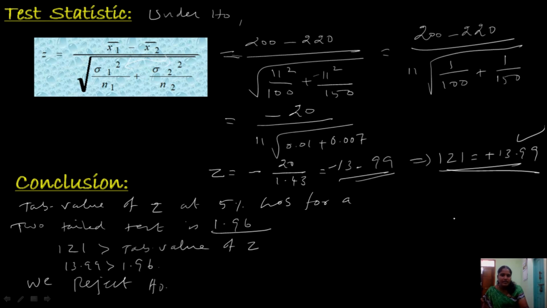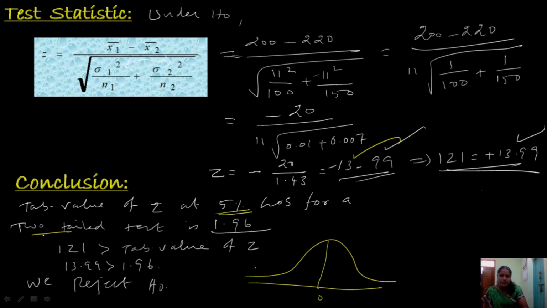Now let me show you graphically how this calculated value of z falls in the rejection region. So for a standard normal curve, this is the center. Here we have to take 5% level of significance for a two-tailed test.